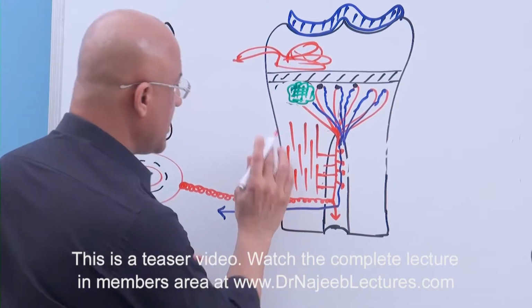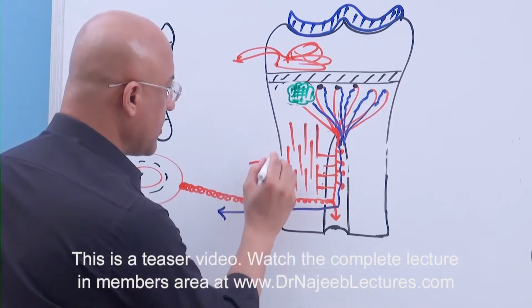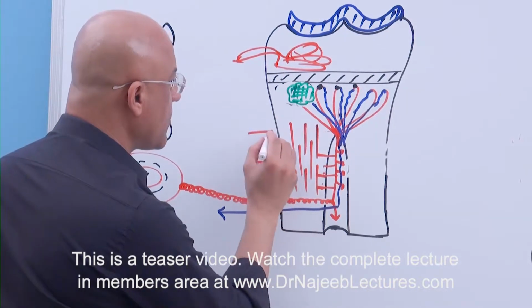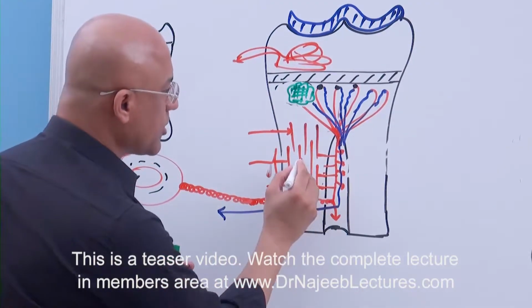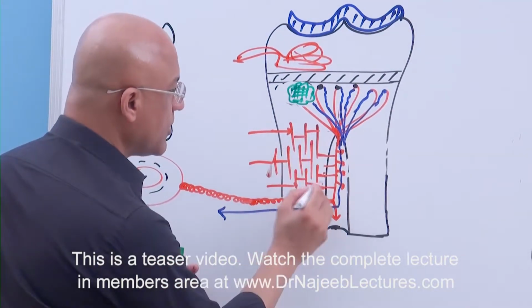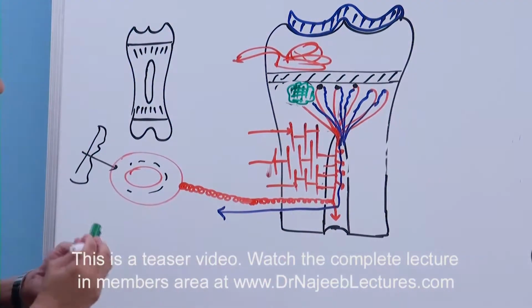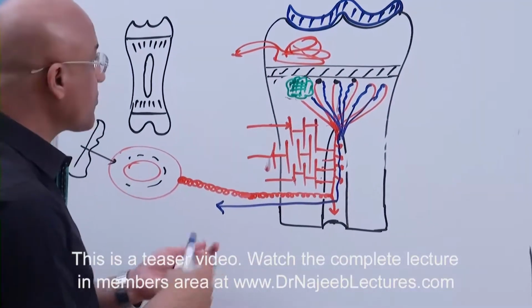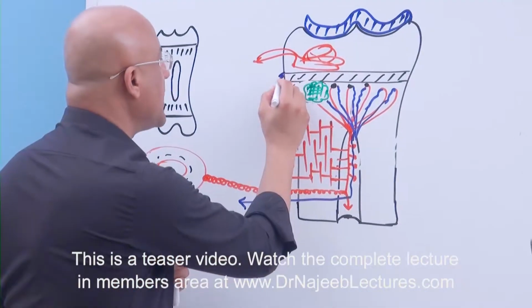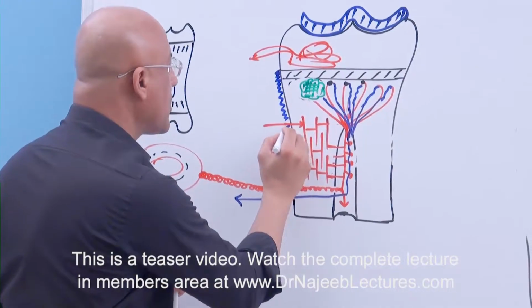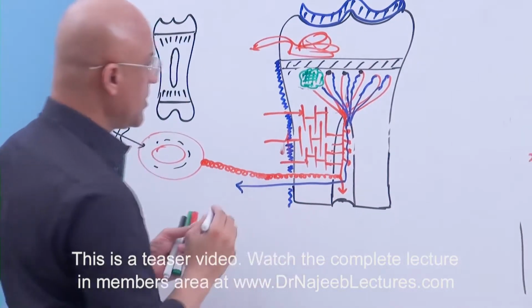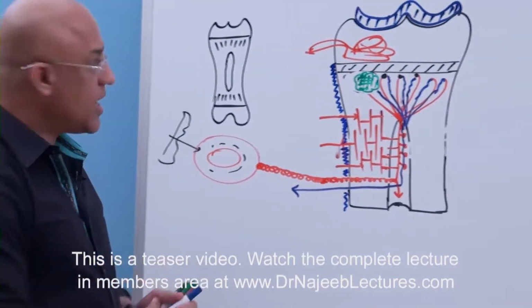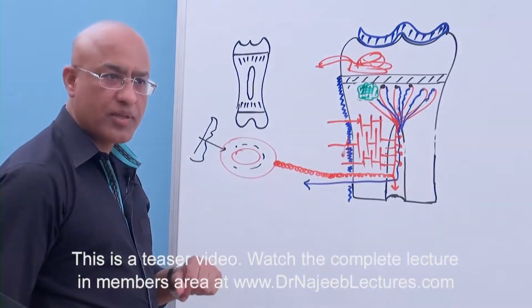And from here, this is a periosteal blood vessel. It is also giving what? Volkmann canals. And then they are interconnected with each other. So this is the blood supply in this area. Of course, what should be here? What is this? Periosteum, right? Any question up to this?